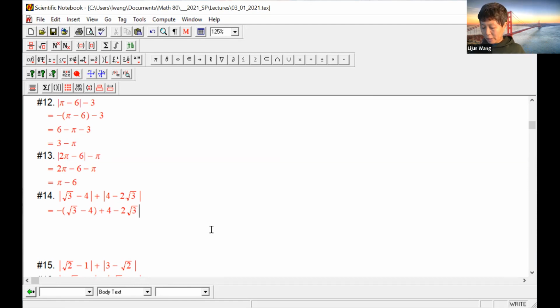And then we can operate. Okay, so I'm going to have 4 minus root 3, and of course, plus the rest of it. Now 4 and 4 combine, that makes 8.